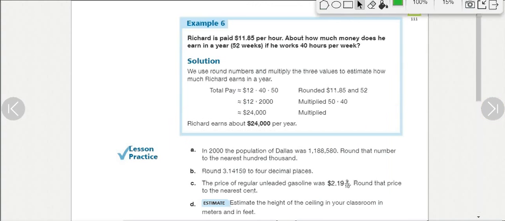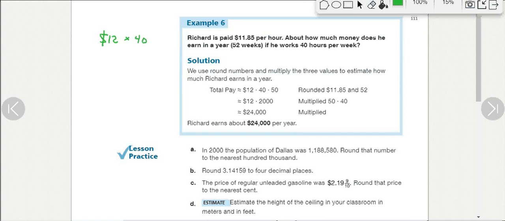If you make almost $12 an hour, for quick calculations, we'll just call it $12 an hour. For 40 hours, if we want to know what he makes in a year, we'll take that, probably using a calculator, times how many weeks there are in a year, which is 52.